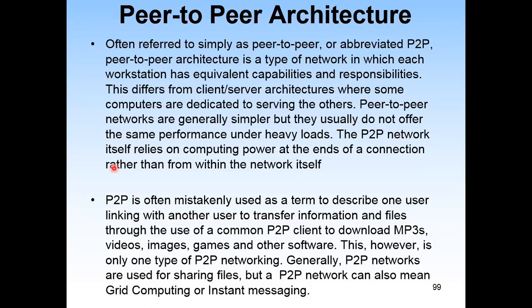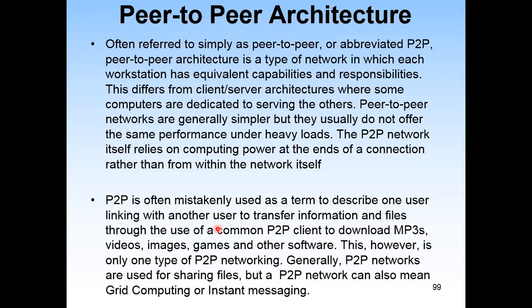The P2P network itself relies on computing power at the ends of a connection rather than from within the network itself. P2P is often mistakenly used as a term to describe one user linking with another user to transfer information and files through the use of a common P2P client to download MP3s, videos, images, whatever they can share from one source to the other destination in their own local area network, in which there is no server and no client concept.